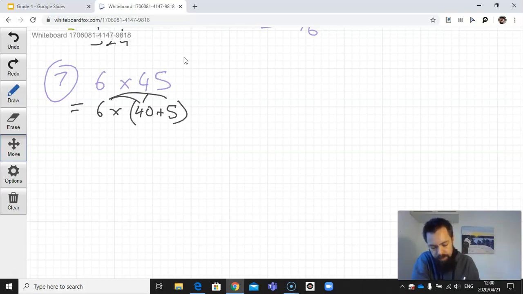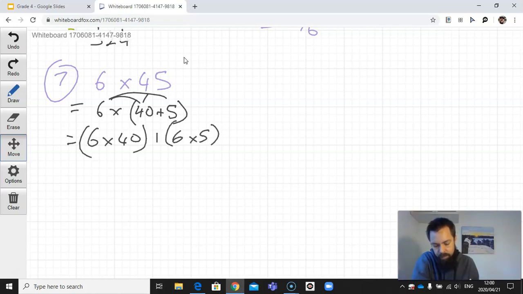Then I'm going to times each of the pieces. So 6 times 40, and then 6 times 5. 6 times 4 is 24. 0 goes down.